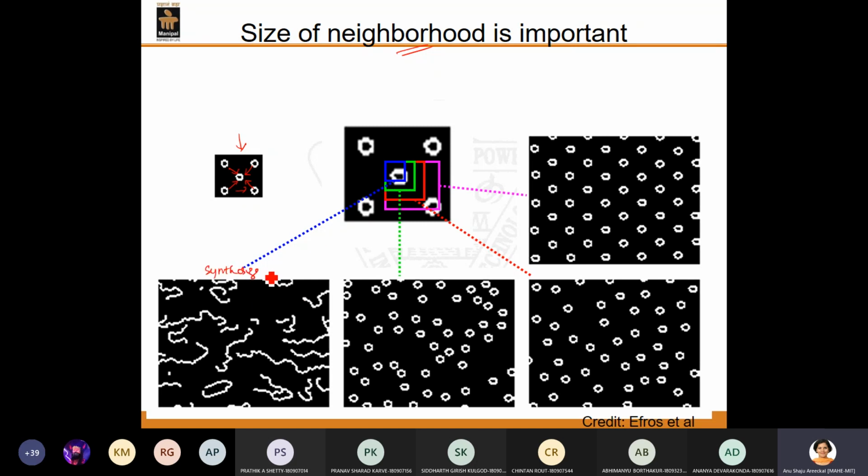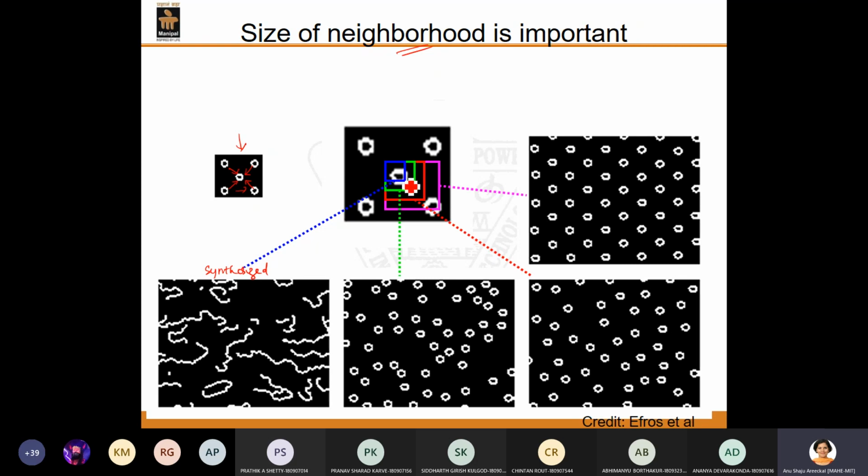This neighborhood captures only partial information with regard to the shape of the object. That means the whole circular object is not present within the neighborhood, only a partial circular object is present.